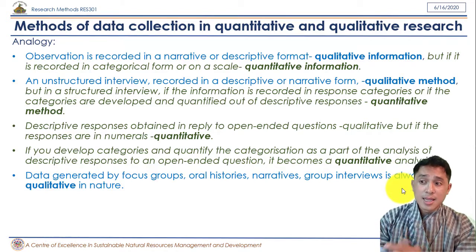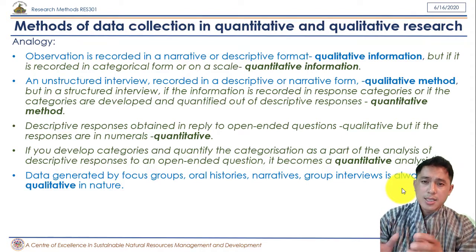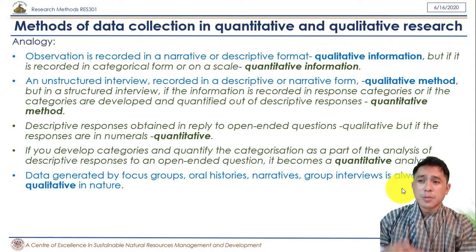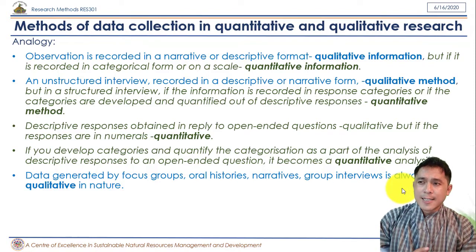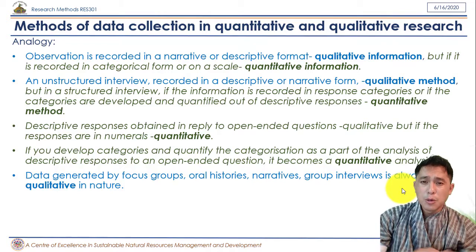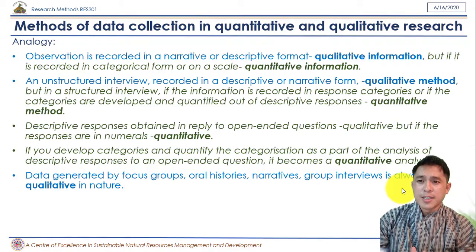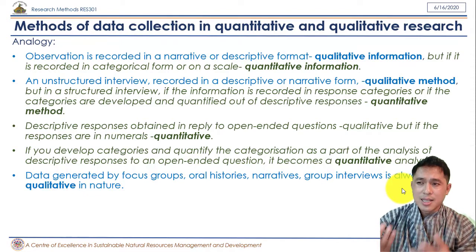We'll be looking at this one also in the third or fourth video presentation. So that's with the analogy. You can read by yourself and try to know how exactly we are segregating quantitative and qualitative information. So this is basically an answer to the first slide.